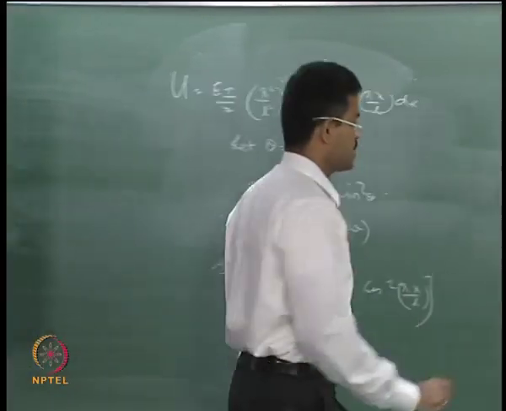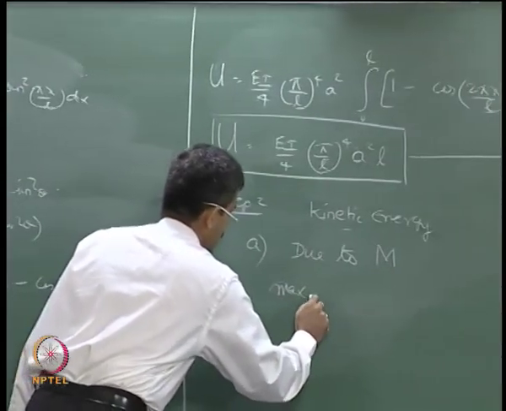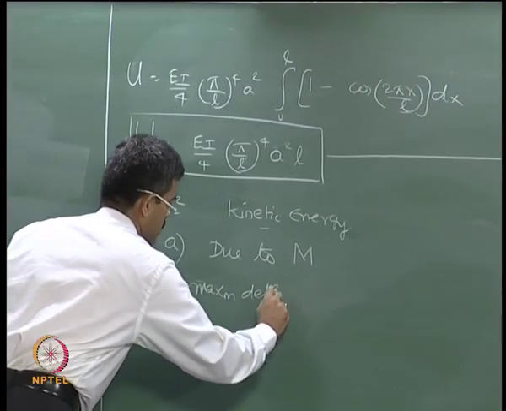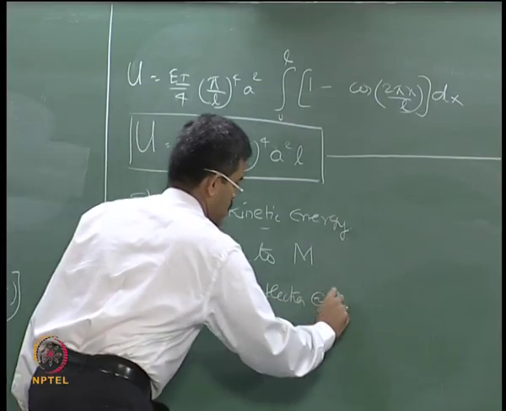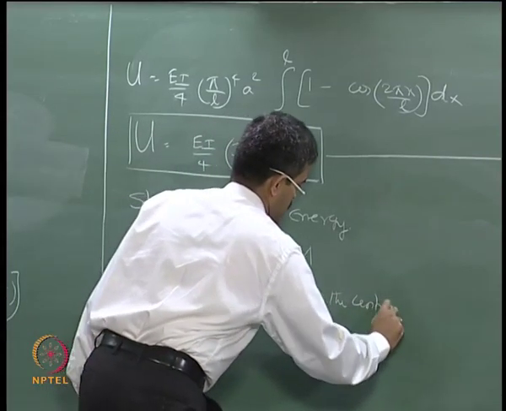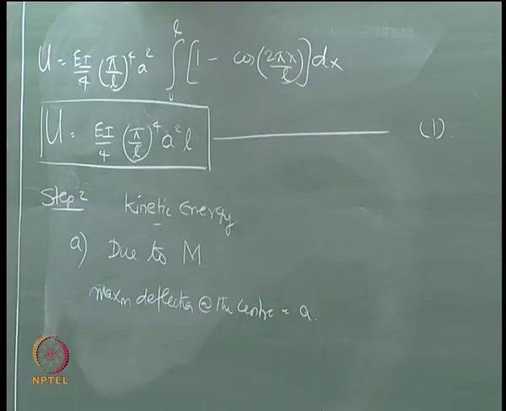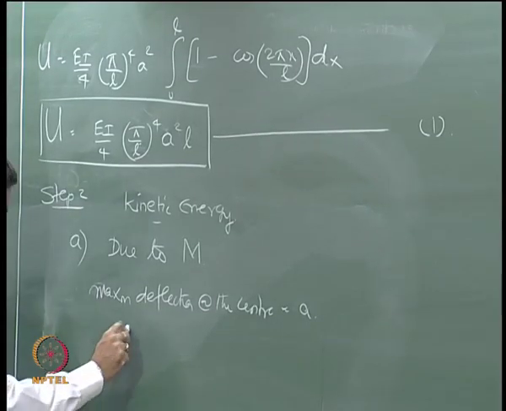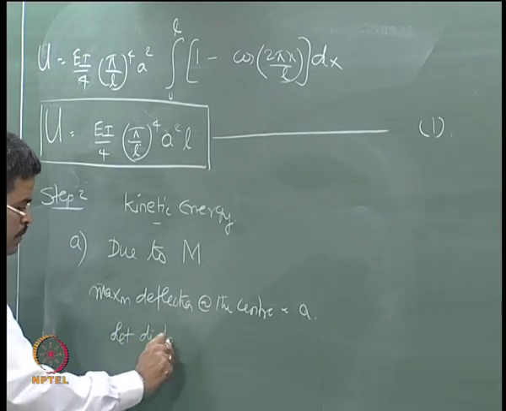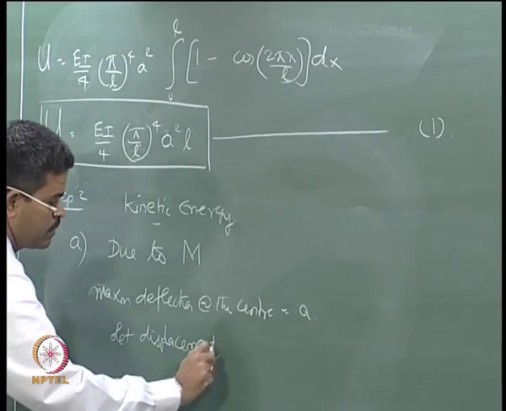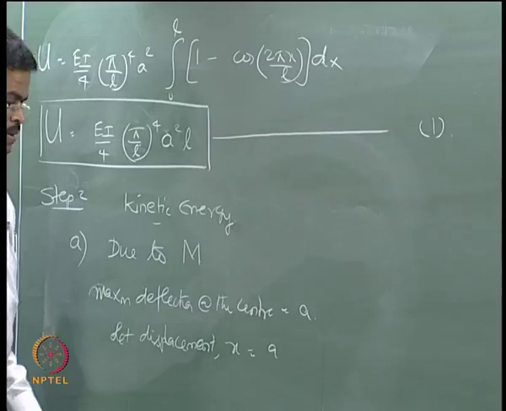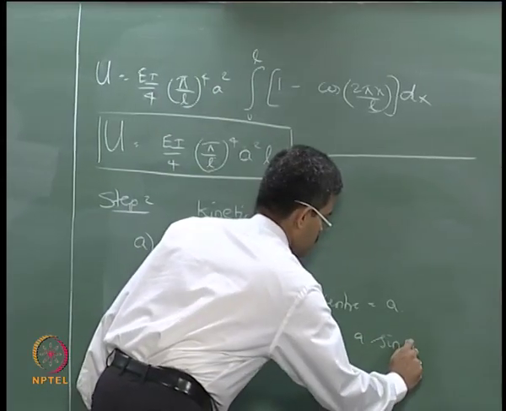So, the maximum deflection at the center is already known, which is A. Therefore, I say let the displacement be A sin omega t.